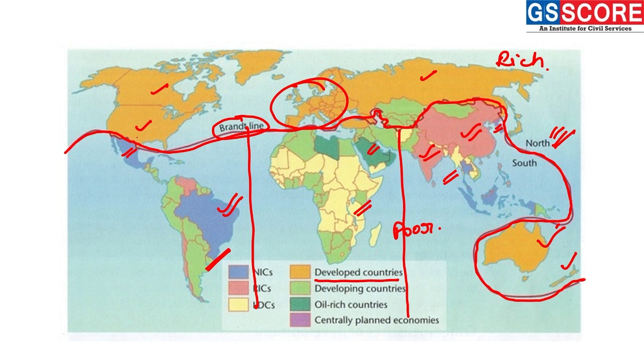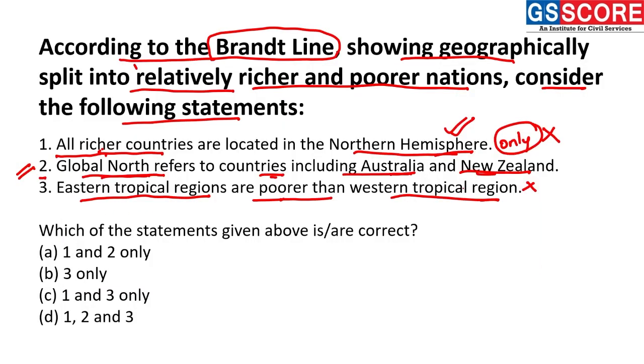Also Mexico, and they are almost moving towards the development path, making a difference between them and the countries surrounding them, thus making statement 3 incorrect, because there is no division being made between these countries of tropical regions of the south divide. Thus, statement 1 and statement 2 are correct, because the question asks about the correct statements. The answer becomes A, 1 and 2 only.